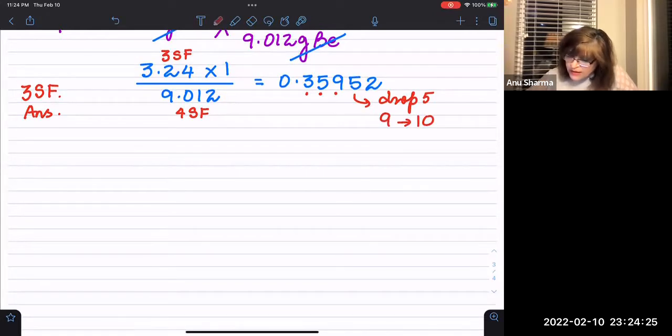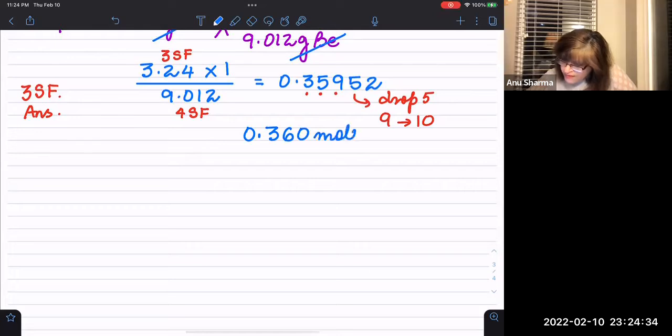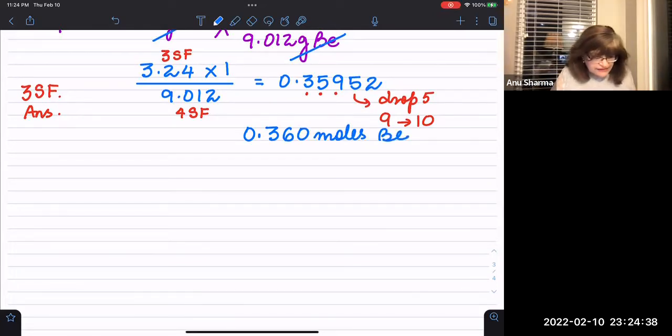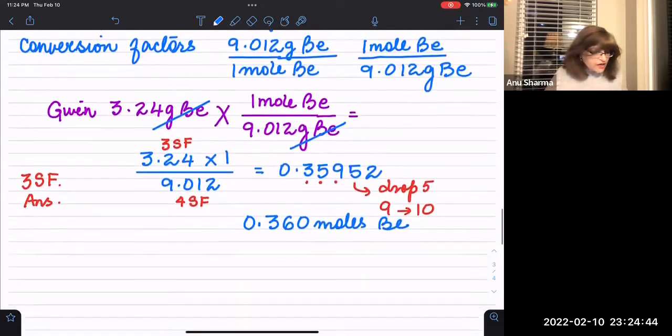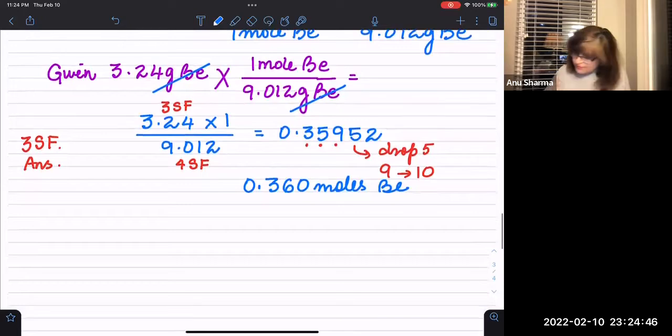Our answer becomes 0.360 moles of beryllium. So that's the conversion from grams to moles, and similarly, you can convert moles to grams and so forth.